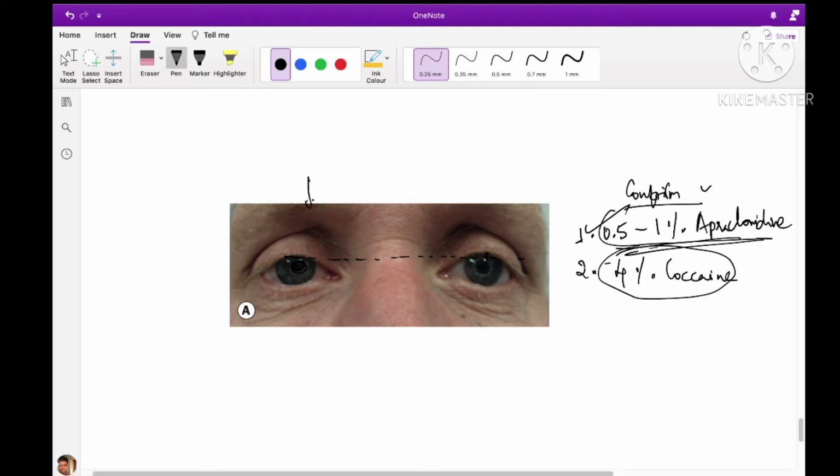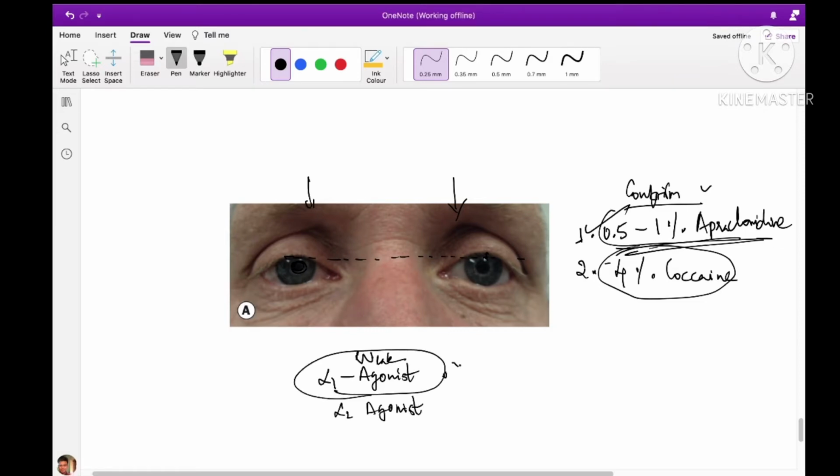So we instill apraclonidine in both eyes. Now, what is apraclonidine? Apraclonidine is an alpha 2 agonist. It is used to treat open angle glaucoma, and it is a weak alpha 1 agonist as well, right?